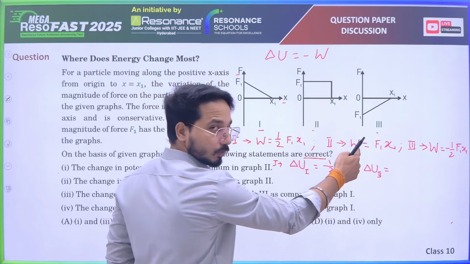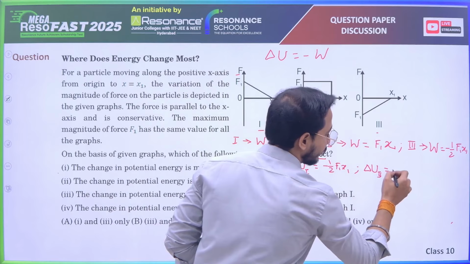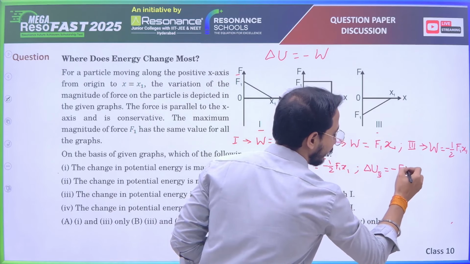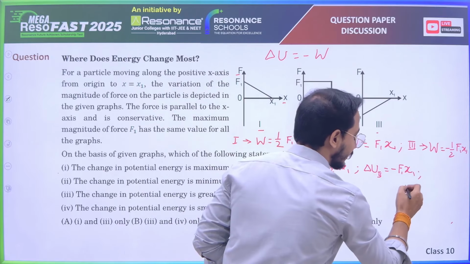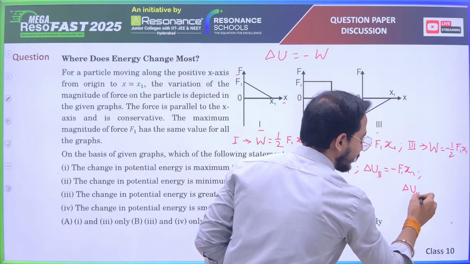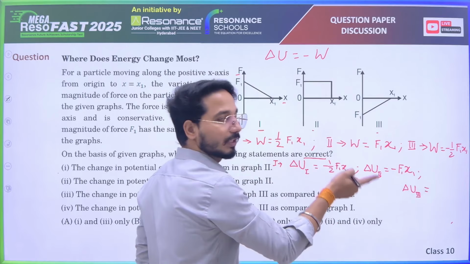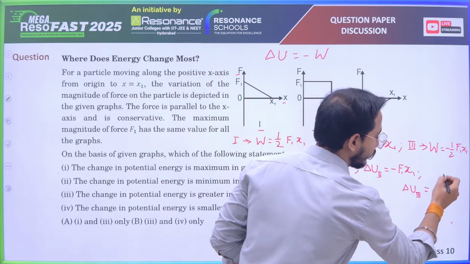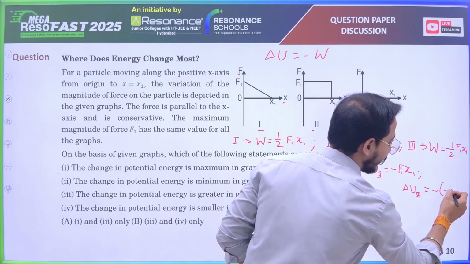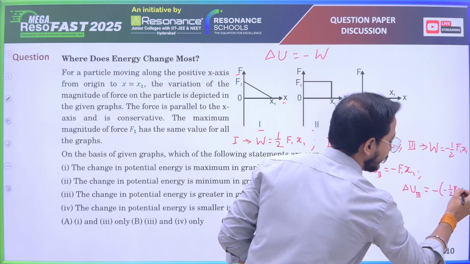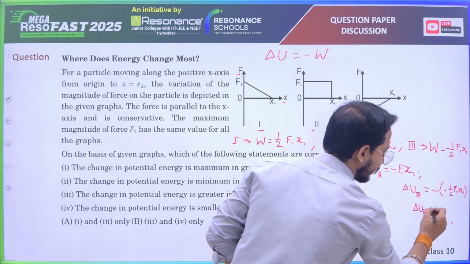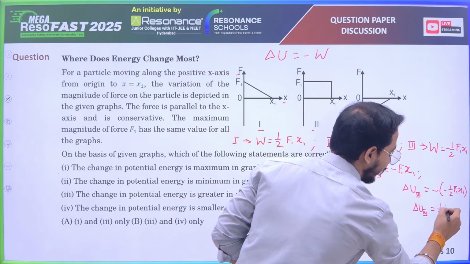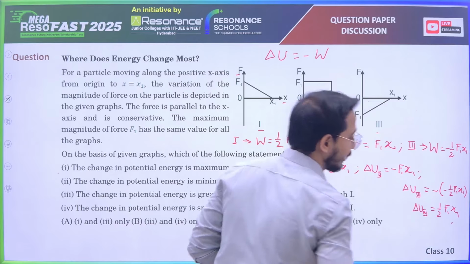Work done in graph 2 is F1 x1, so it will be negative of F1 x1, right? In graph 3, the change in potential energy will be equal to negative of work done. Work done in the third case is already negative, so the change in potential energy in the third graph will be equal to 1 by 2 F1 x1.